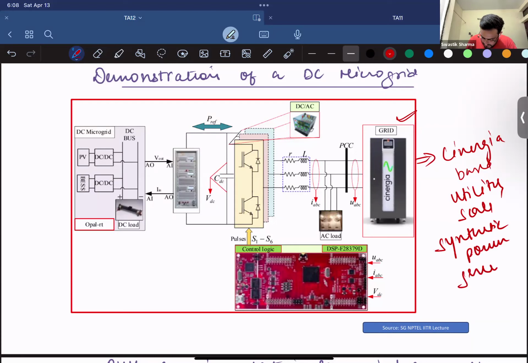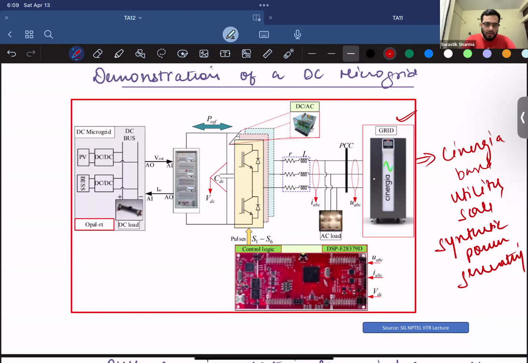It doesn't do anything apart from the fact that it can simulate grid conditions, that is, how a utility grid would look in real time. In IIT Roorkee, they have this Synergia based equipment, but in IIT Kanpur we have a Chroma based microgrid.